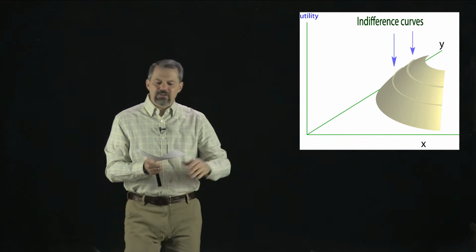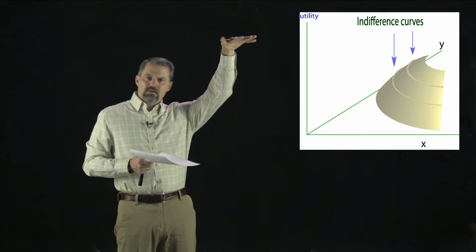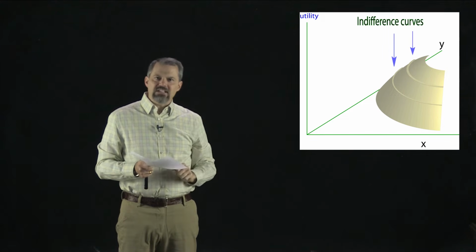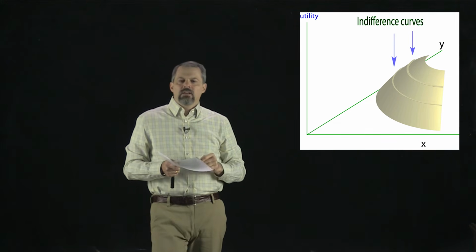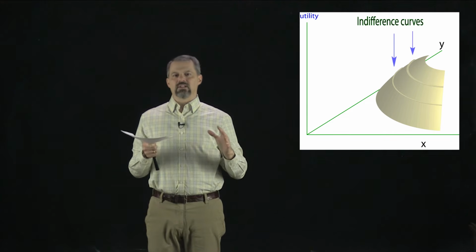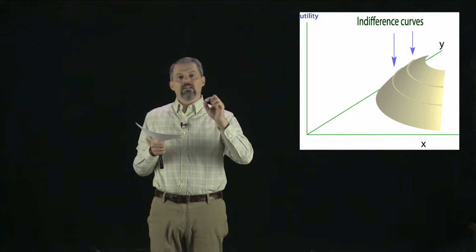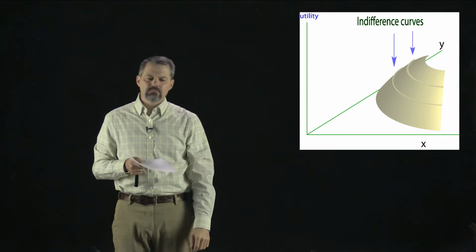And so if we were above this picture, looking straight down on the floor, that's what you're seeing with the indifference curves. That's why they show up as a curve. So the utility function, at least three-dimensionally, if we're thinking about it as a function of just x and y, we can easily draw a picture of it.